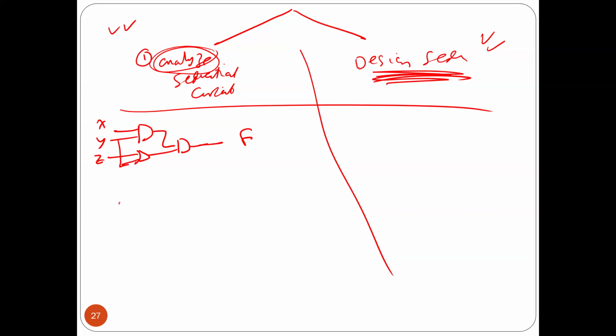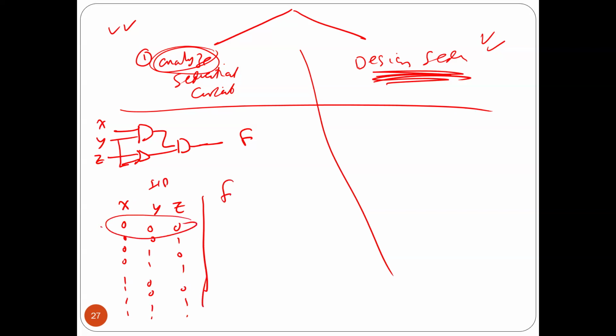You take X, Y, Z as the inputs and put all possible cases as we did before. Then for every case, you put it here and decide what F is. So given a circuit, can you give me the truth table? Yes, we can do that easily, right?